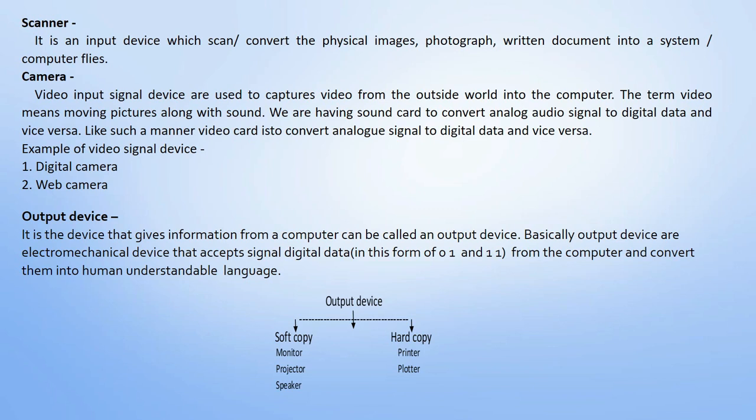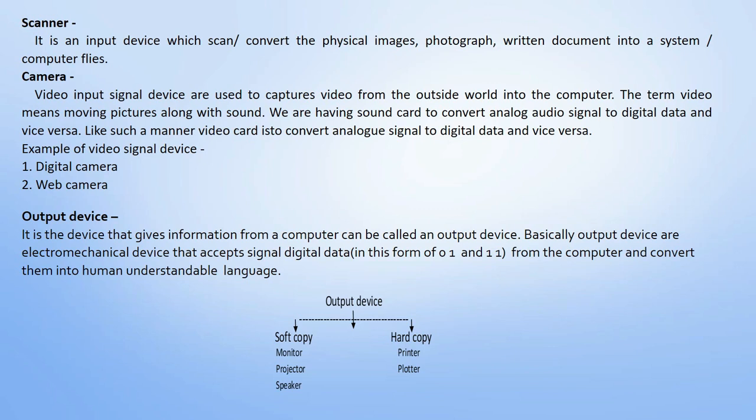Now next one is your camera. So camera is also one type of input device. So video input devices are used to capture videos from the outside world into the computer. So the term video means moving pictures along with the sound also. We are having a sound card to convert the analog audio signal to digital data and vice versa also.